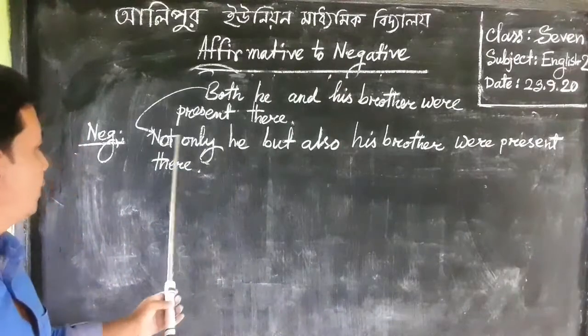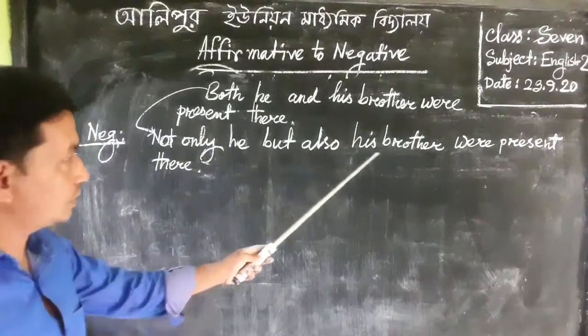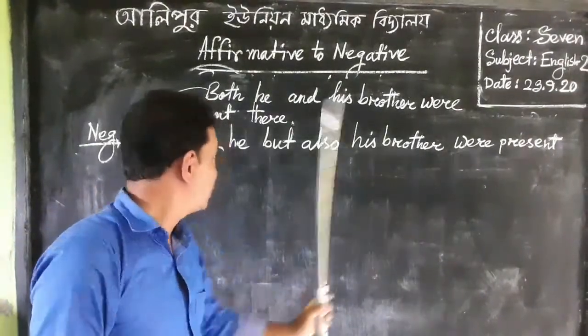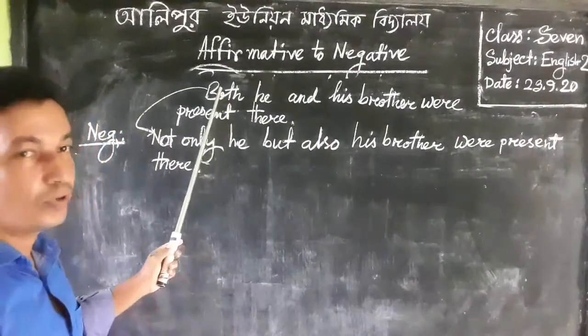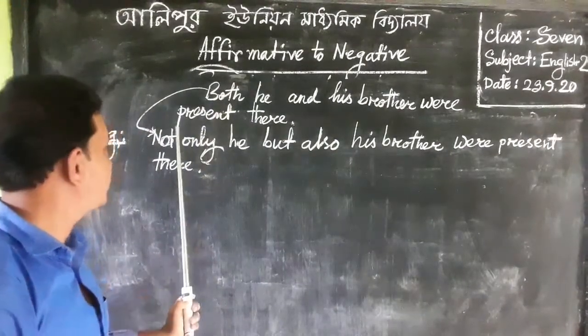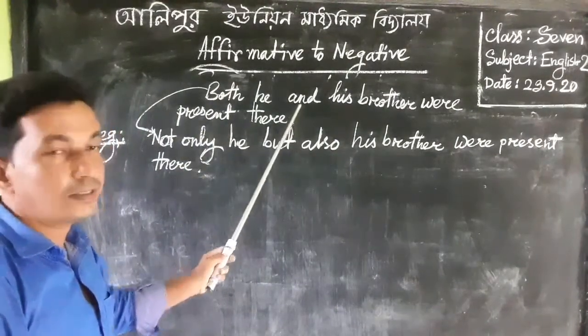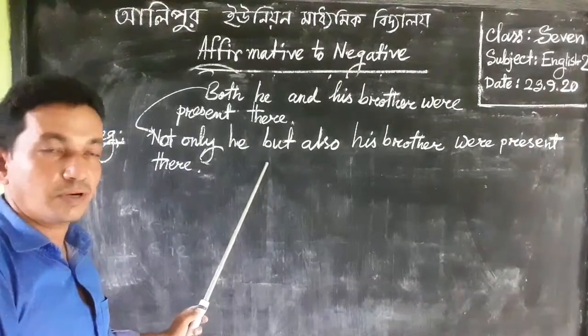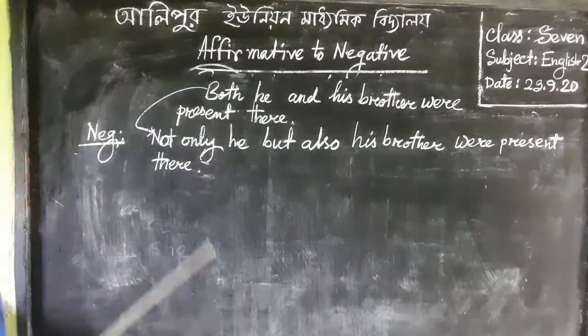Okay, dear students, not only he but also his brother were present there, and we have to change both into not only and and into but also. Okay, dear learners, our next rule.